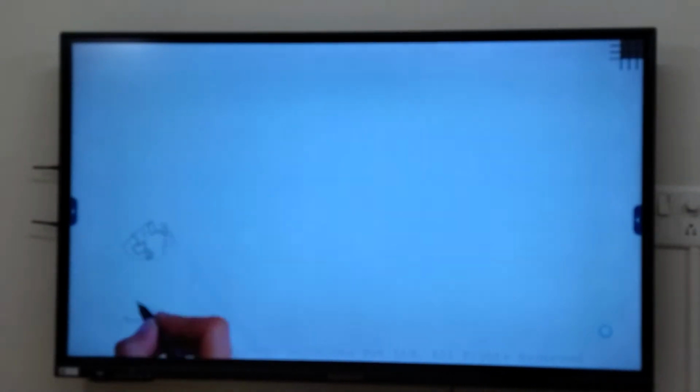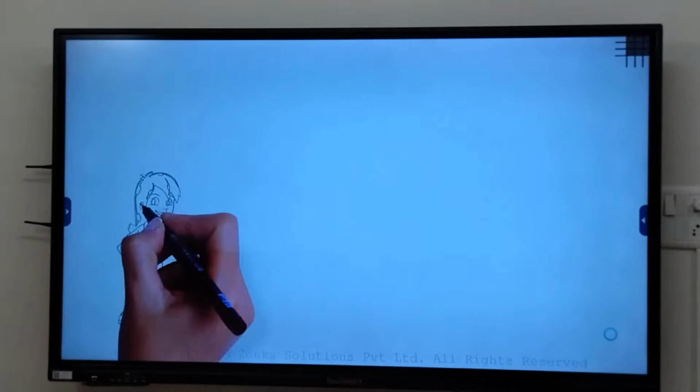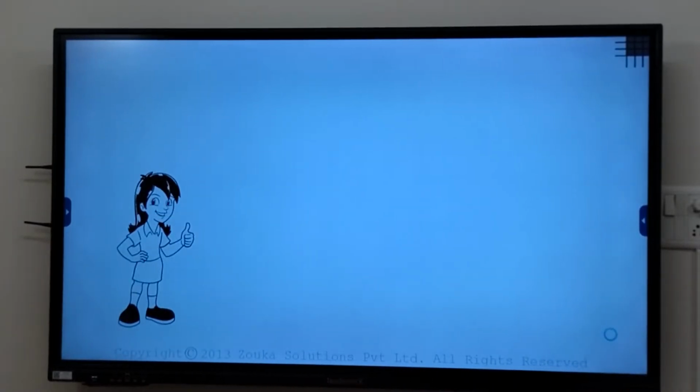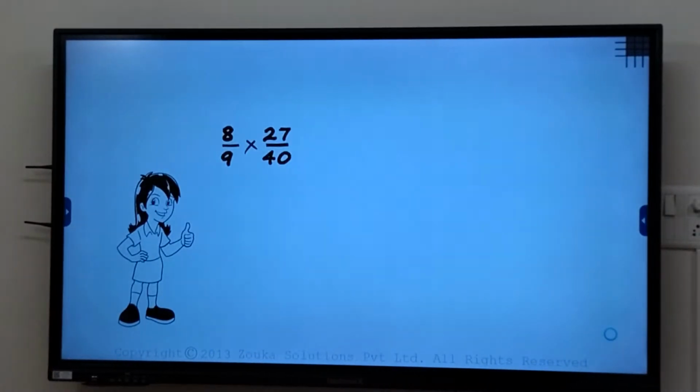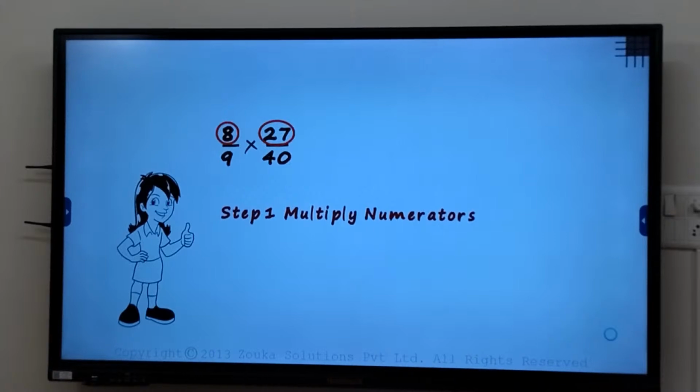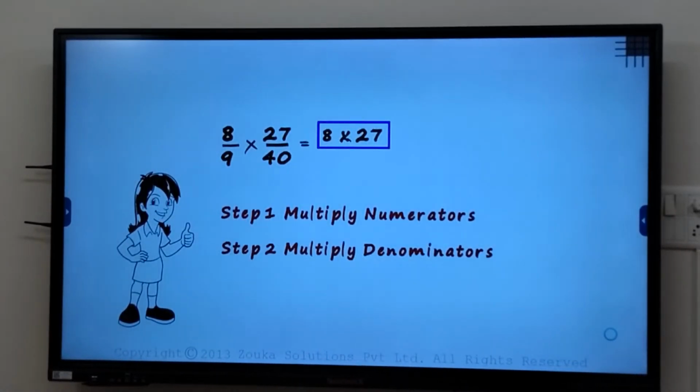Previously, we have seen how simple it is to multiply two fractions. Here, let's try multiplying 8 by 9 with 27 by 40. If you remember, the first step was to multiply the numerators and keep the product in the numerator. So we multiply 8 with 27 and write it in the numerator.